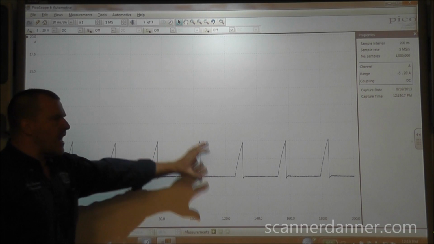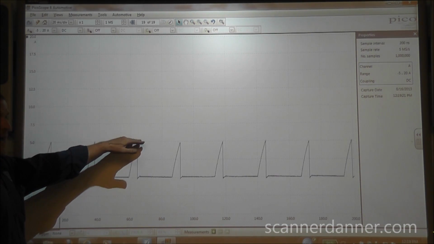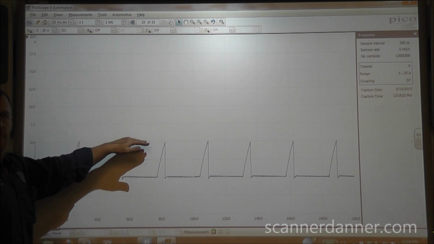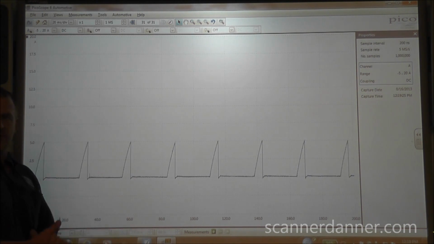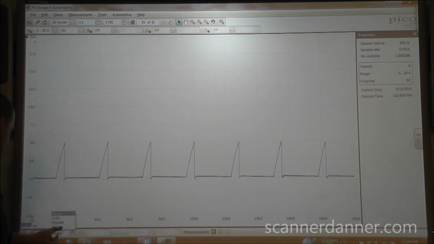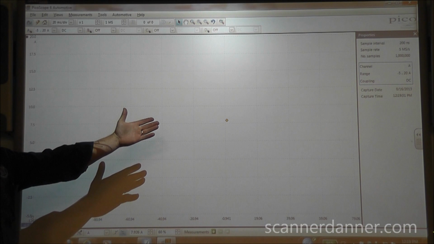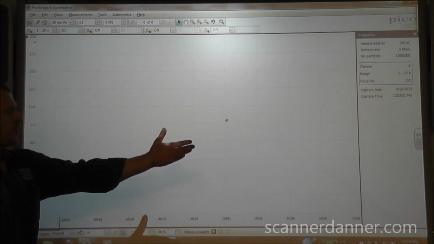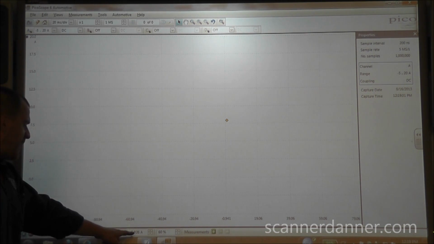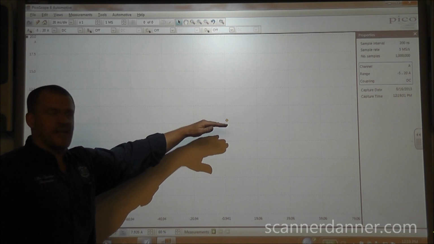Can you see the level where we are right now? We're between 0 and 5 amps. So I know that if I set a trigger between 0 and 5, it's going to be pretty good. If I set a trigger above that, it's not there. No picture at all. Why? Because the scope is waiting for the amperage to hit 7.9 amps at that level, and it's never going to hit it.